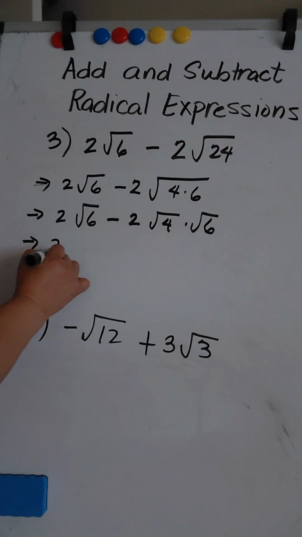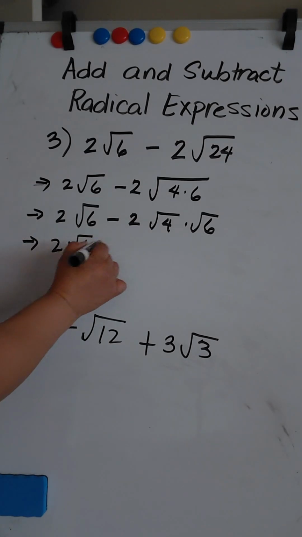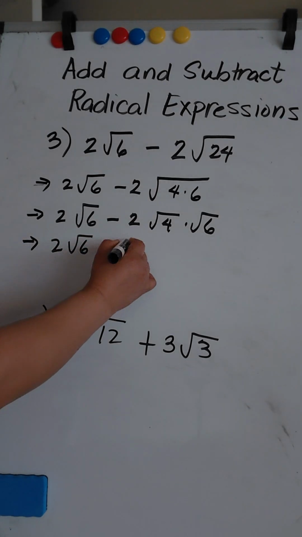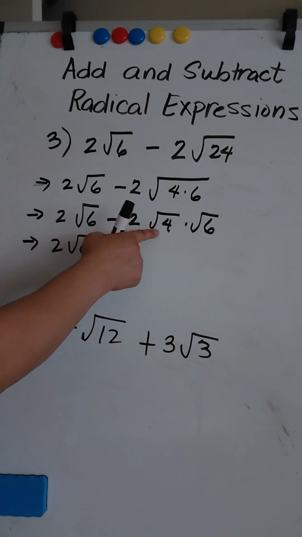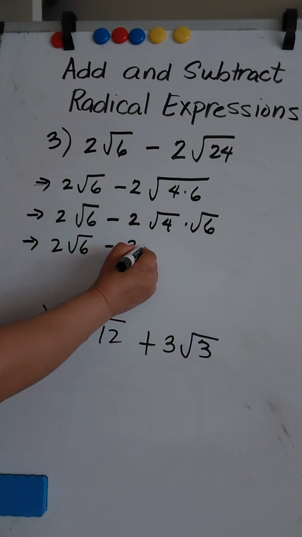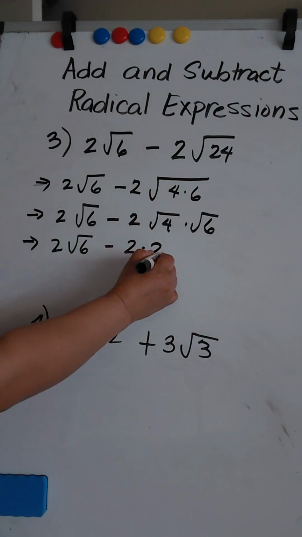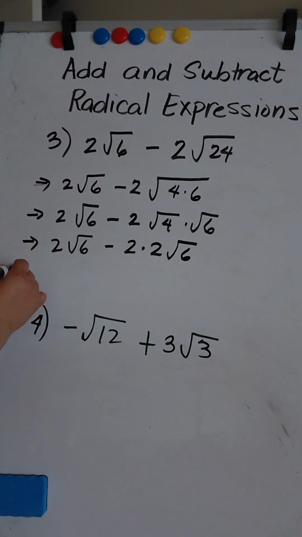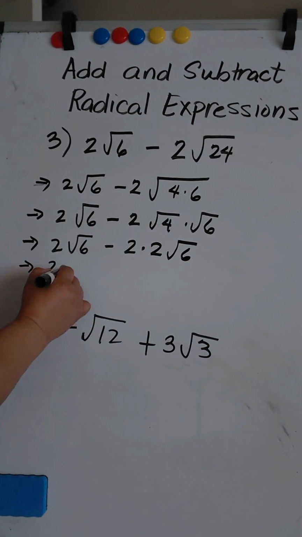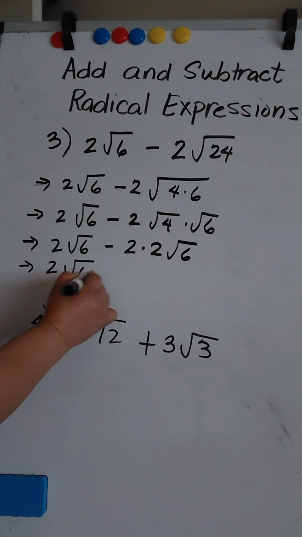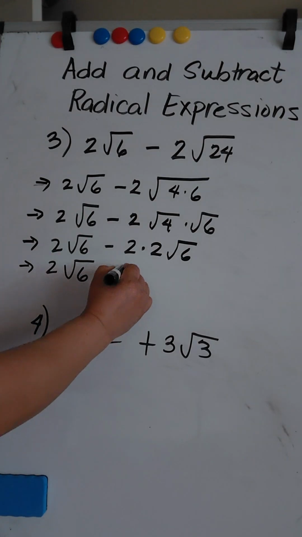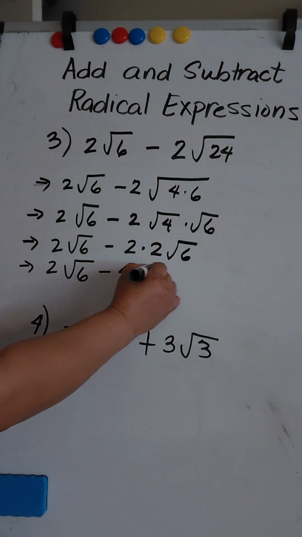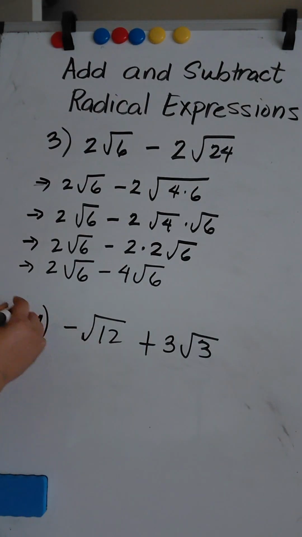And we have 2 square root of 6 minus 2. What is square root of 4? It's 2. So multiply that by 2 and then square root of 6. So we have 2 square root of 6 minus 4 square root of 6.